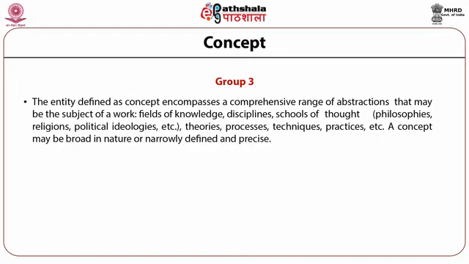Nowadays in the universities there are schools of thought: school of humanities, school of life sciences, school of mathematical sciences. So, school of thought means philosophy, coming out of philosophies, religions, political ideologies, etc. Therefore, processes, techniques, practices, etc.